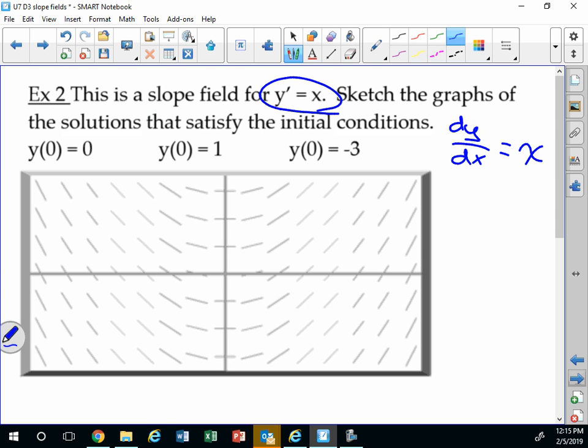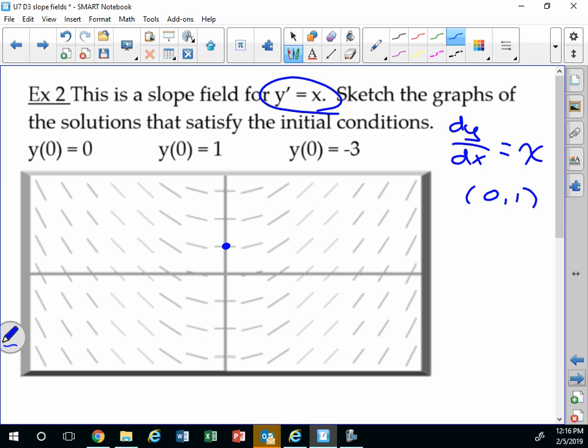Okay? Now, if I look at this graph, and I look at (0, 1). Here is (0, 1) right there. What's the slope at (0, 1)? 0. Well, that should make sense, because when I plug in 0 here, I get out 0. What about the slope at (1, 1)?